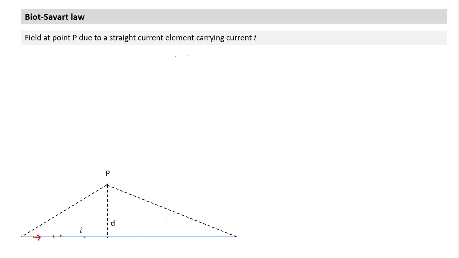All elements create field at point P in the same direction. So if you take any straight element, each part of the straight element creates a field at point P in the same direction. Which direction? It will be perpendicular to the plane containing that straight element and point P.